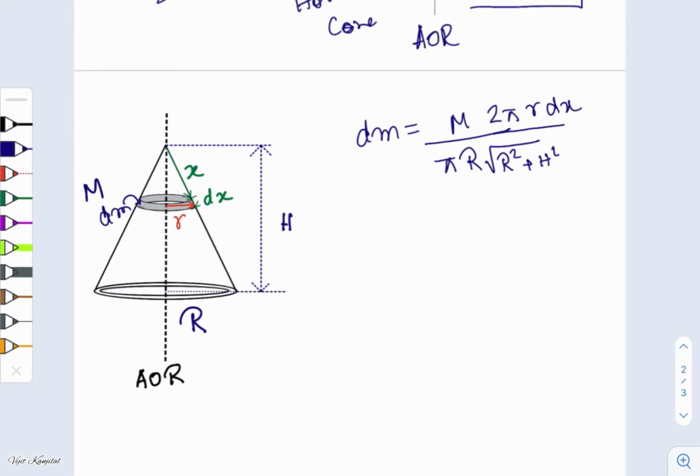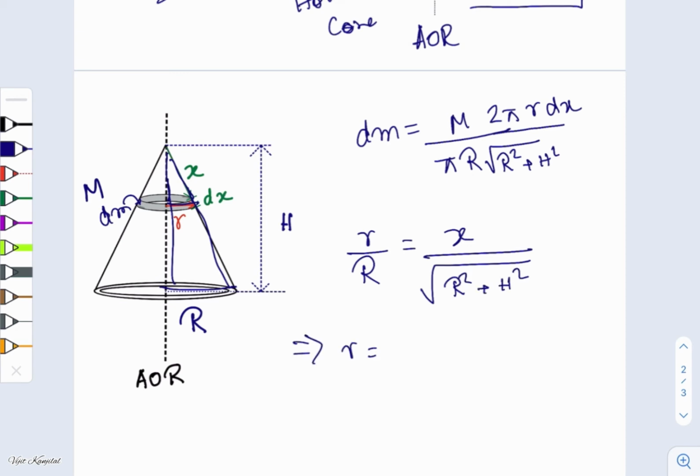We can also calculate the value of r. As this triangle and this bigger triangle are similar, we can write r by capital R as x by root over R square plus h square. So we can write r as xR by root over R square plus h square.